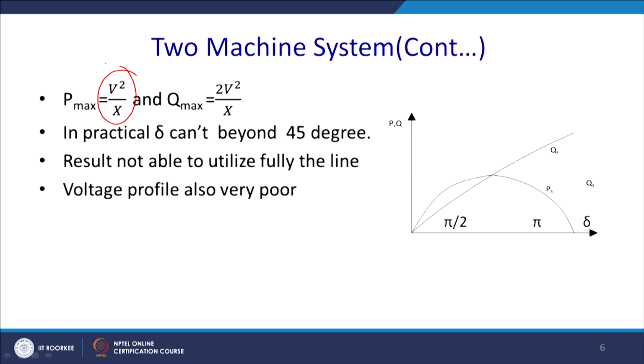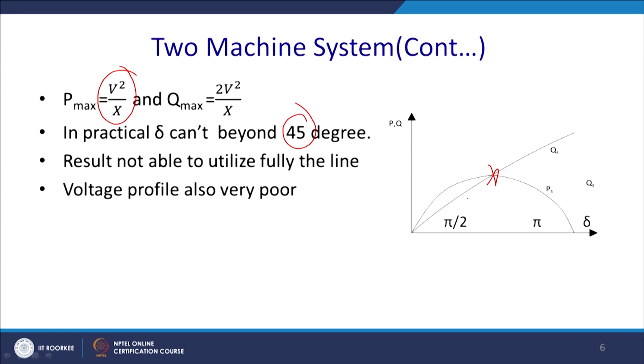In most cases, practically, we should restrict delta to the range of 45 degrees, otherwise there will be stability issues. So we can see what the stability issue is, and thus it is not utilizing the proper power handling capability of the devices. Thus the voltage profile also remains very poor. What happened, you can see that it crossed there.